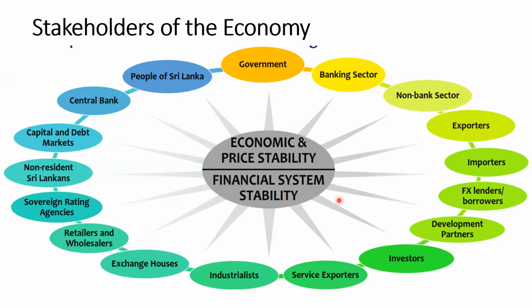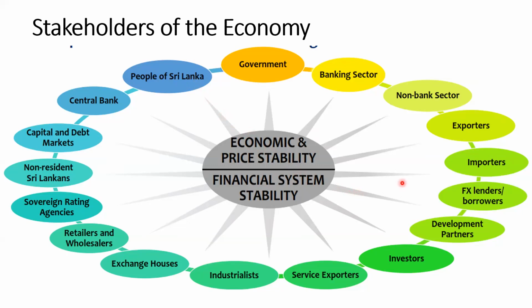Let's say the central bank is a main stakeholder. When they introduce higher interest rates, maybe the people of Sri Lanka may get the advantage. They can get higher interest rates for their fixed deposits.